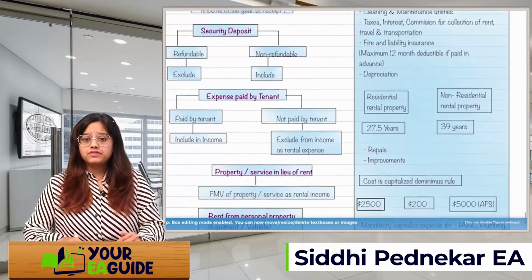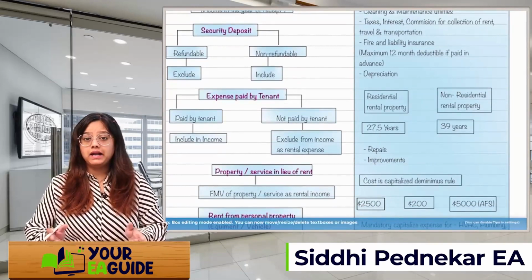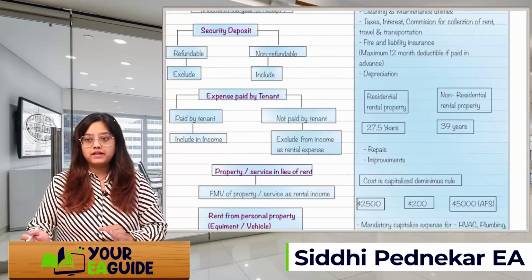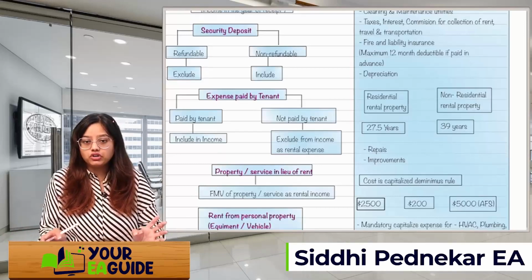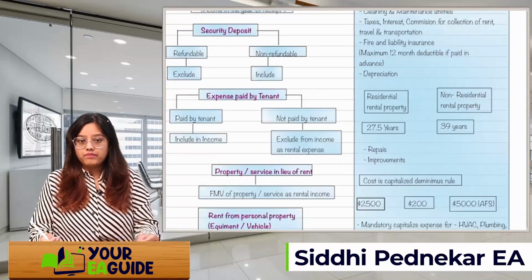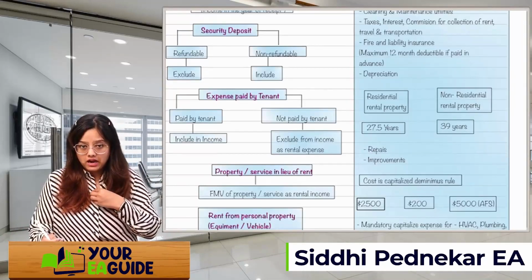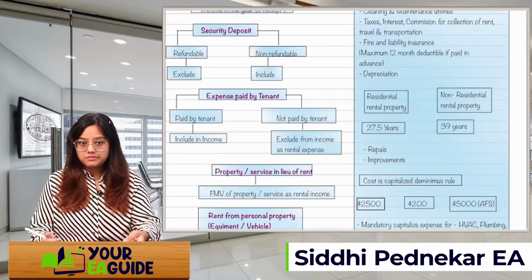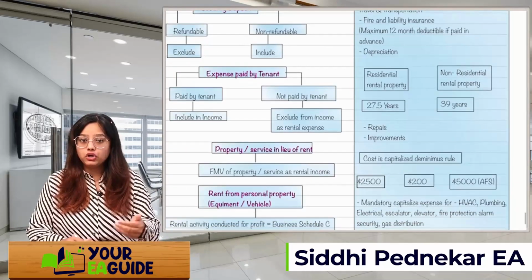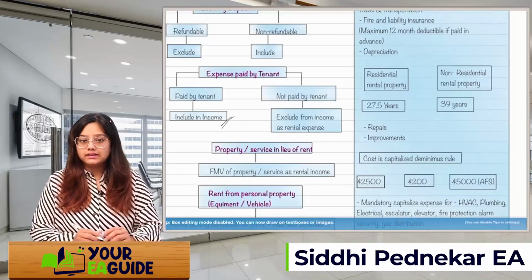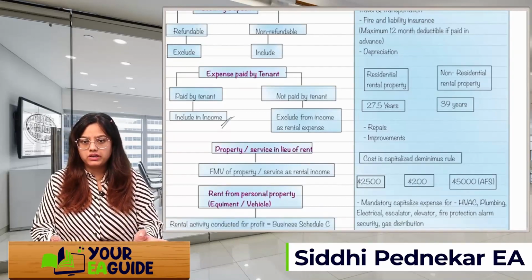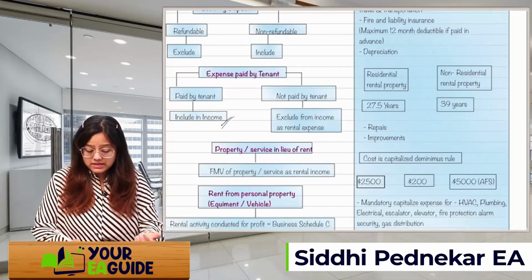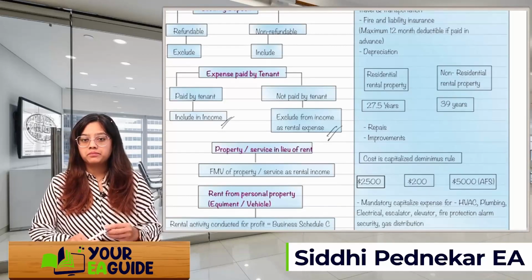If there are expenses paid by the tenant directly, for example, the tenant is paying the municipal taxes directly, or the tenant is incurring repairs for the home and paying for them on behalf of the owner, then that will be included as rental income. And if it is not paid by the tenant, then it will be excluded from the income and considered a rental expense.